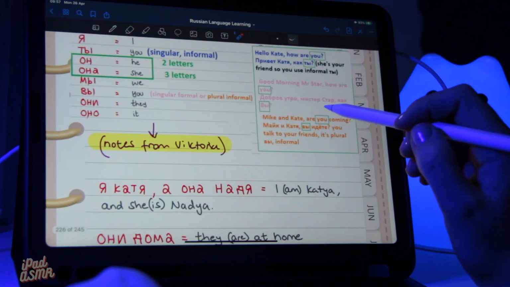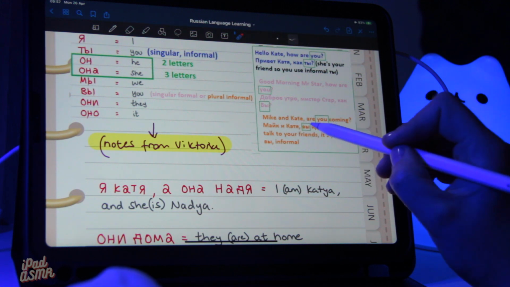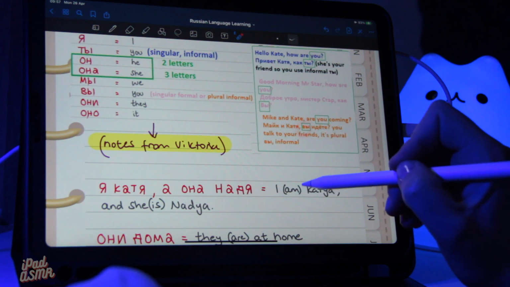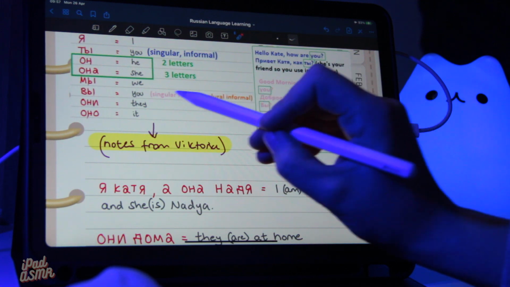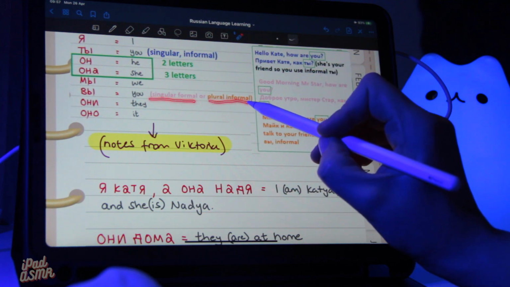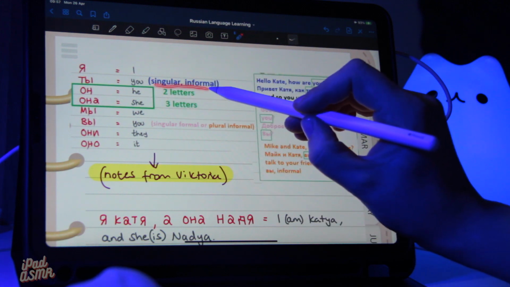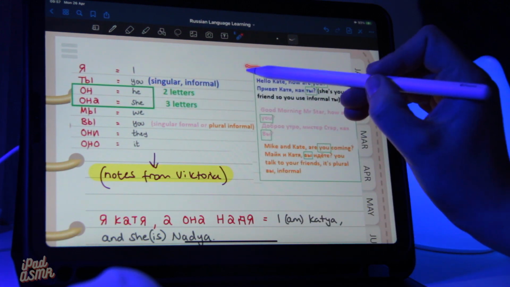Or when you're using it as a plural, as in Mike and Kate, are you coming? You use V as well. So singular formal, or plural formal. Or ty is singular informal. So that's a really good example there.